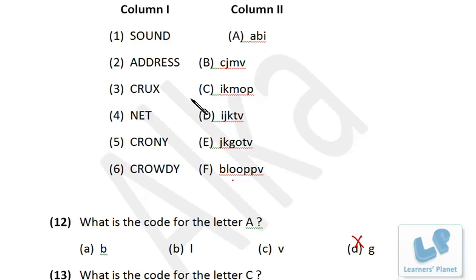Now NET must be ABI, right? From ABI and BLOOPPV, we can see B is common. That means B is basically for E, right? So even here B is incorrect. Now we have CROWDY, a 6-letter word, and this is a 6-letter word. That means CROWDY is this.